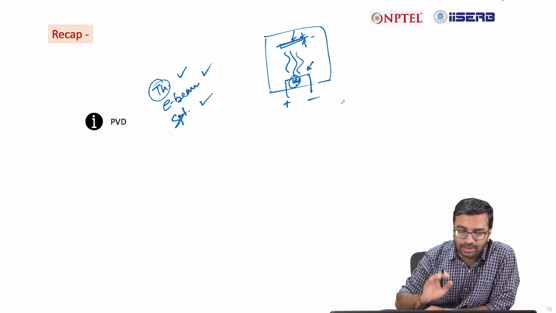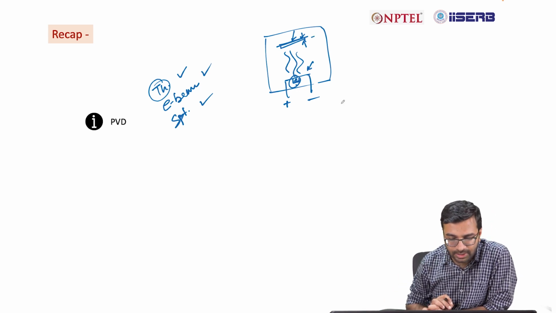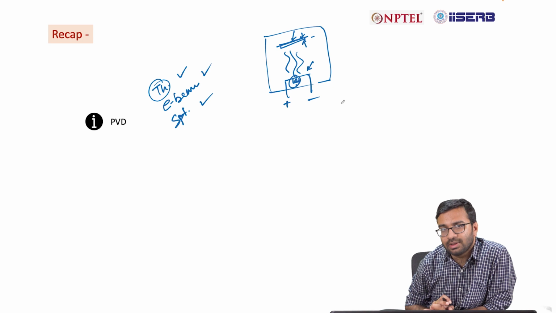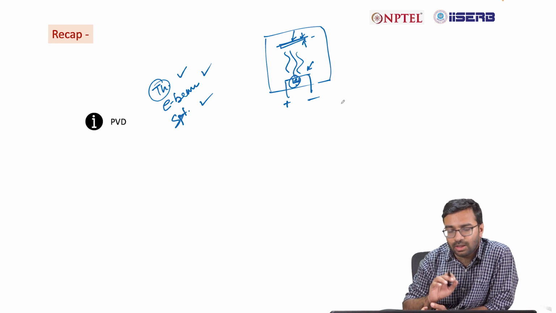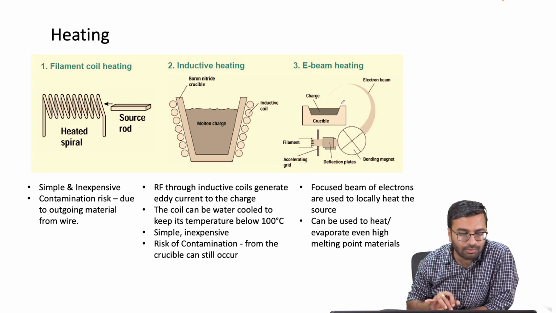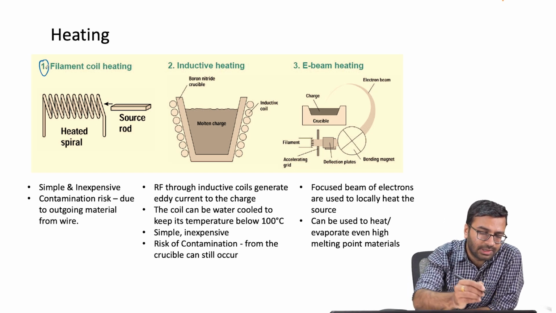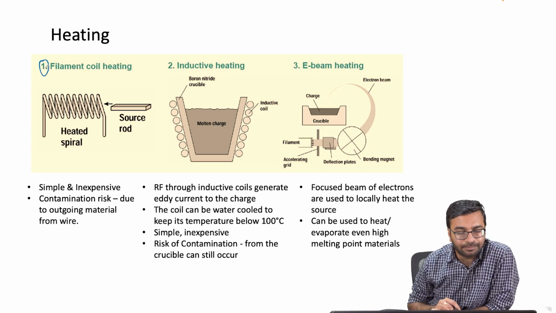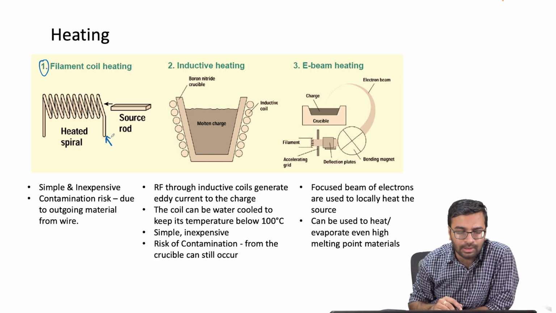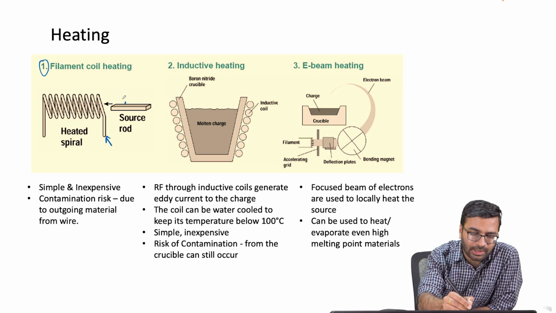This is typically what a thermal deposition technique is, but there are different heating techniques available in case of thermal deposition. We also have briefly discussed the same. The first one is the filament coil heating, where you have a heating coil, and then you put the source material inside.